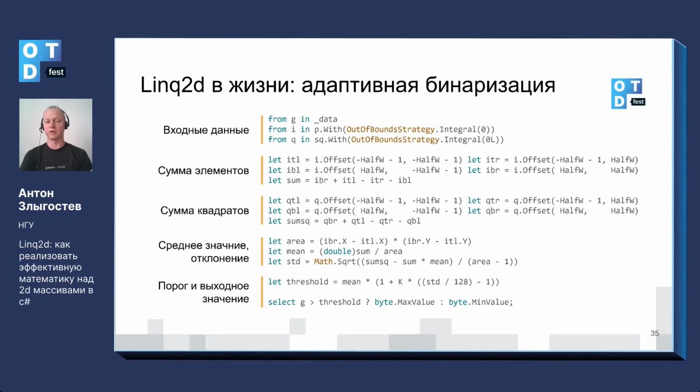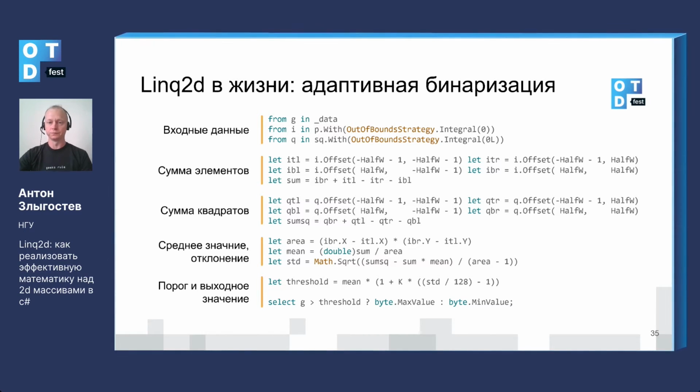So the first block is our input data. G is the array in grayscale, I and Q are the integrals that we calculated a couple of slides before.